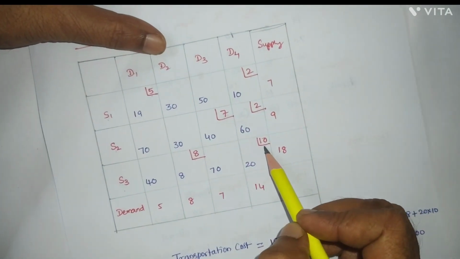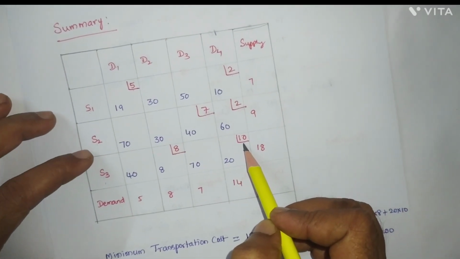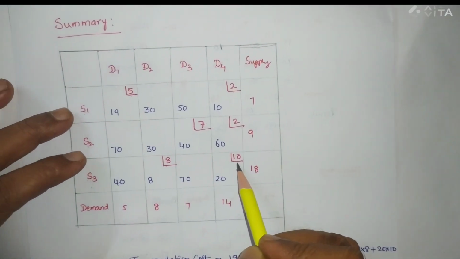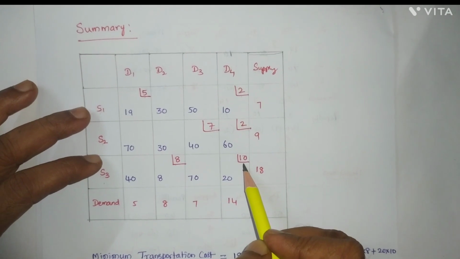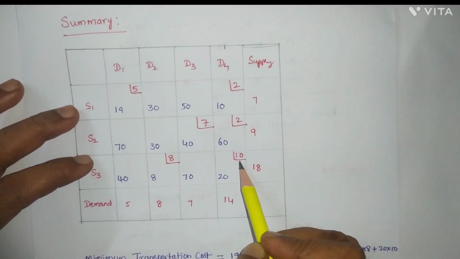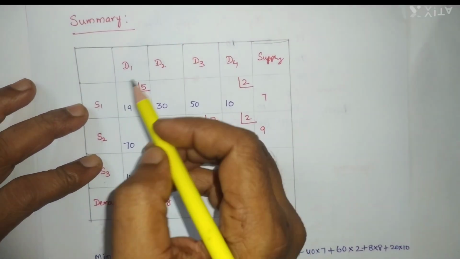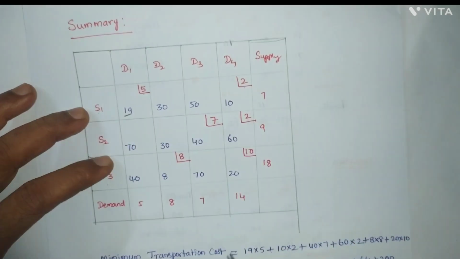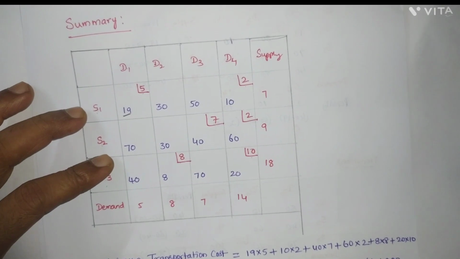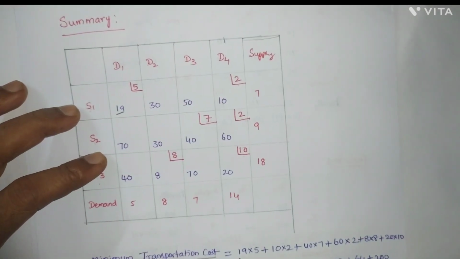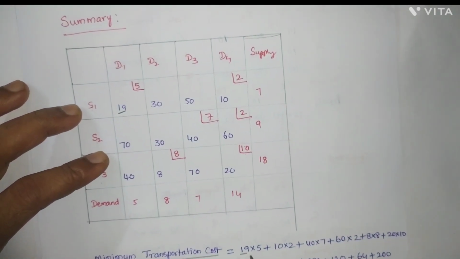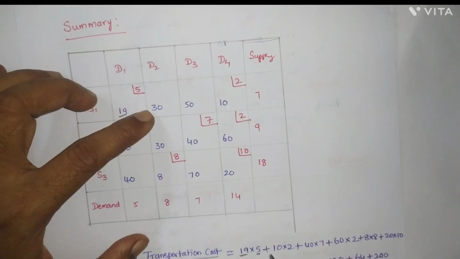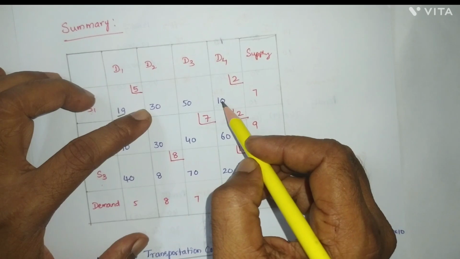So the transportation cost is identified or calculated by multiplying the number of units with the unit cost. That's why the minimum transportation cost is 19 multiplied with 5 units, plus 10 multiplied with 2 units.